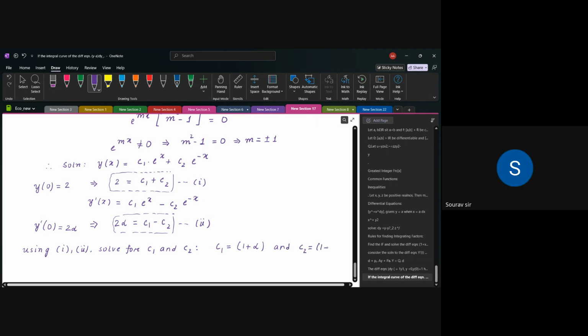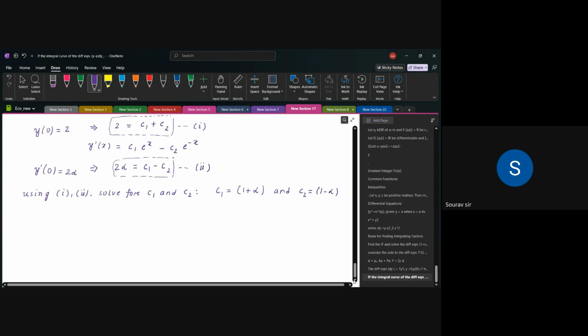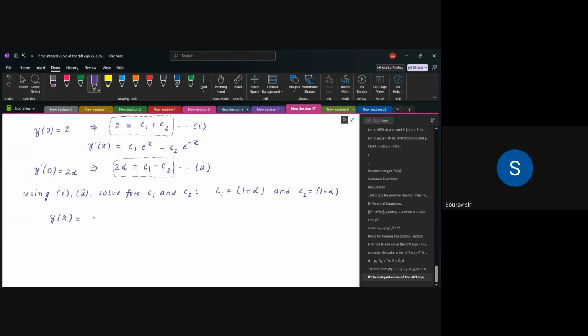And C2 is 1 minus alpha. So your final solution is y of x is equal to 1 plus alpha times e raised to the power x plus 1 minus alpha times e raised to the power minus x, right? So this is our final solution.